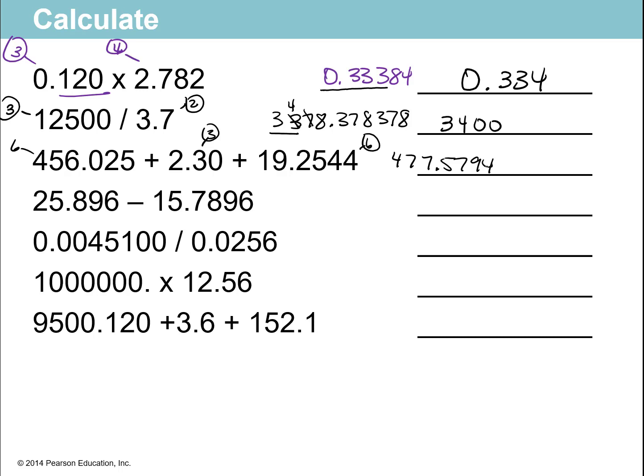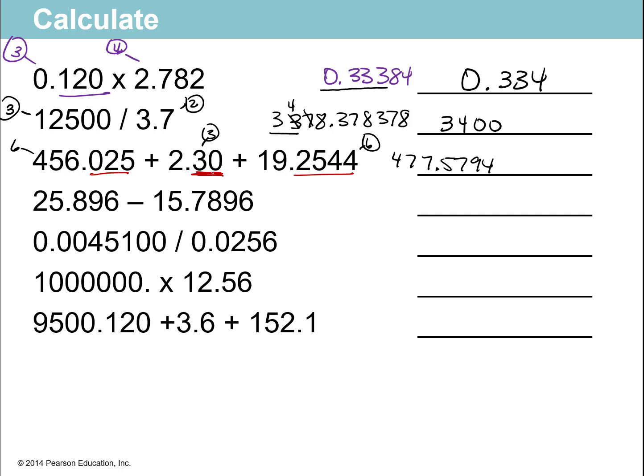Okay, so how do I know how to round? I can't keep all of those. I'm going to round to what decimal place? Okay, so here I have 3, here I have 2, here I have 4. So I'm going to round to 2, the smallest number in common. Okay?